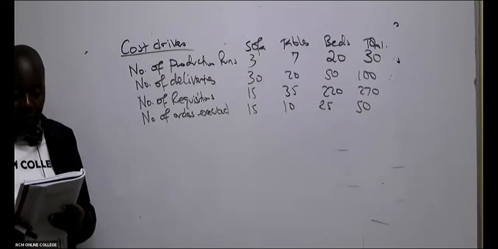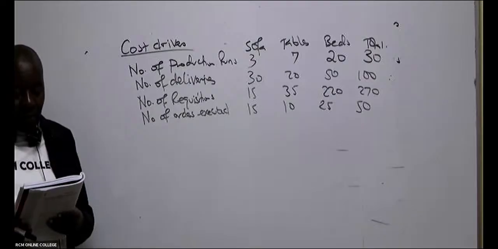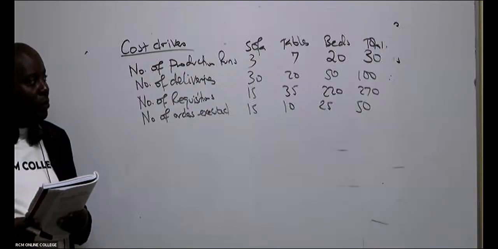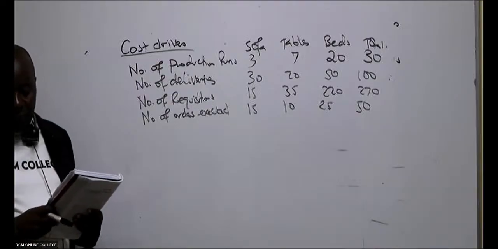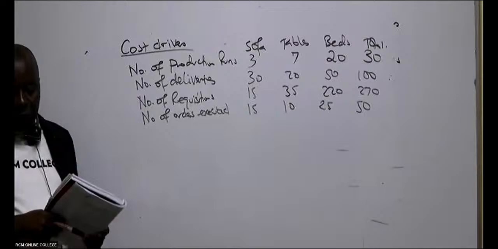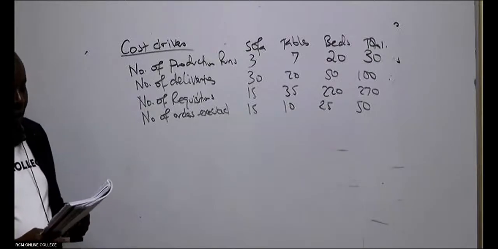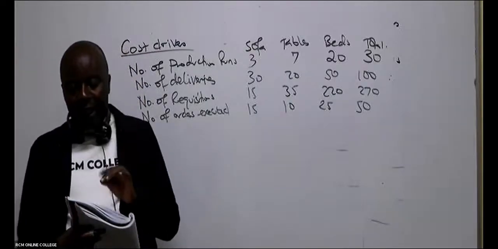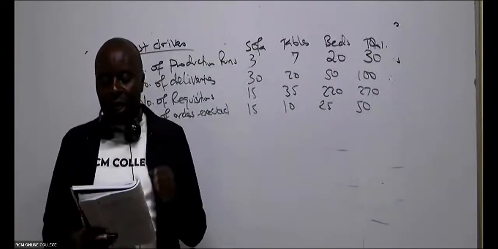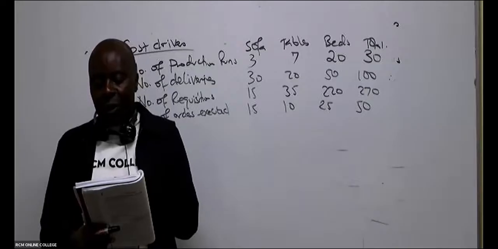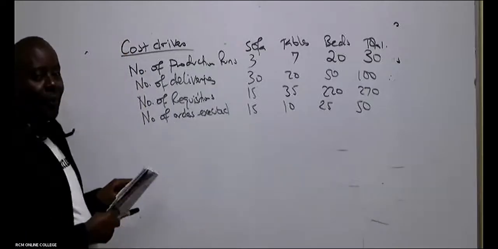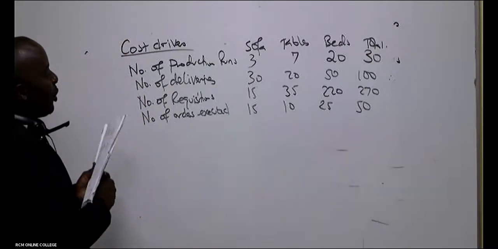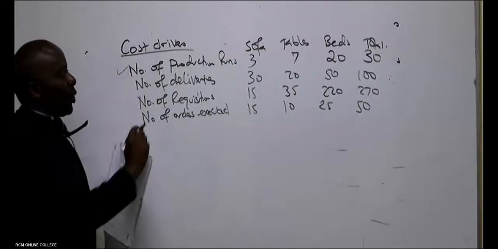Once you finish, please mention there, yes. So I'm waiting for KO. Great. Thank you very much. So you can see setup costs overhead there is 300,000. Then you can see they're using number of production runs. The first one, they shall apportion using number of production runs that we have.